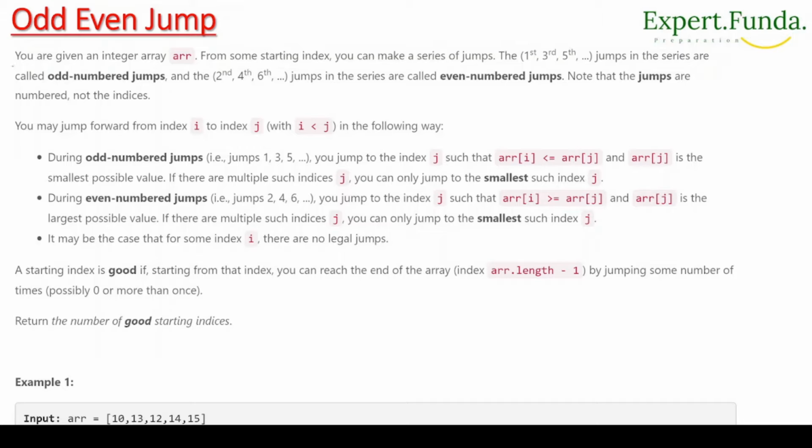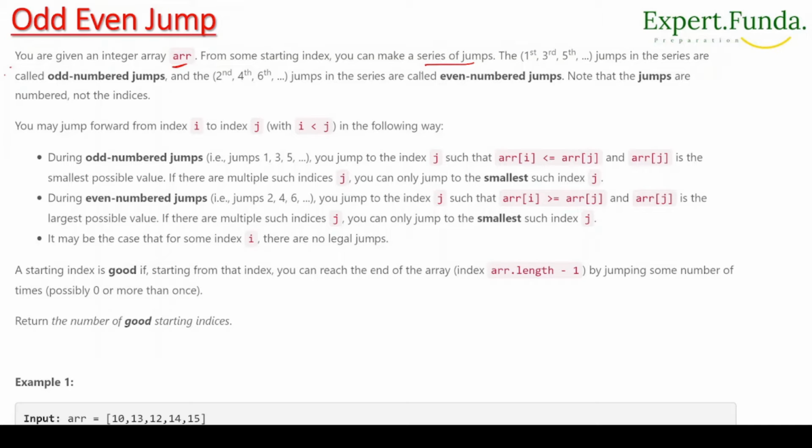So in the statement we have been given two things: the odd number jumps and the even number jumps. The statement says that we are given an integer array, and from a starting index you can make a series of jumps.